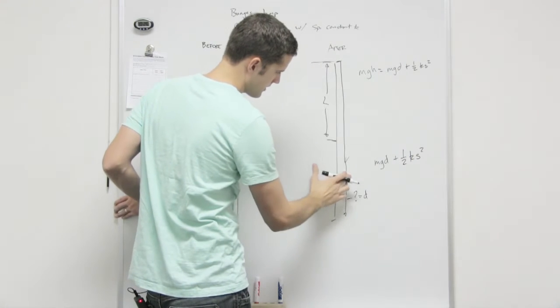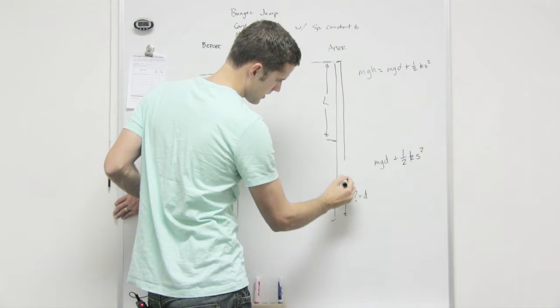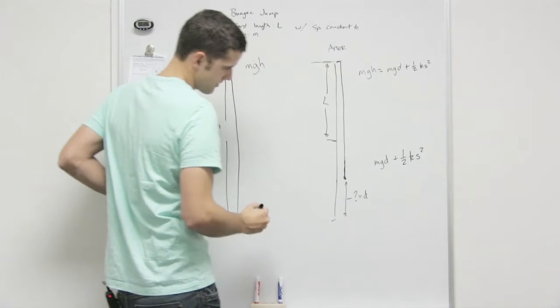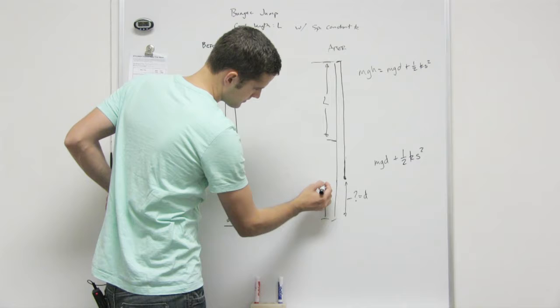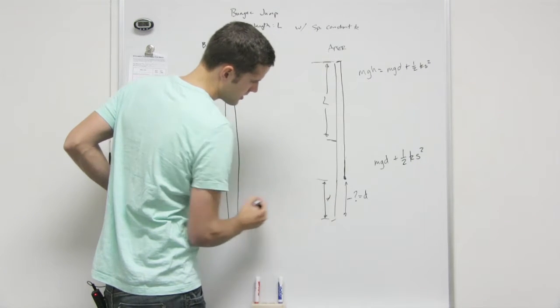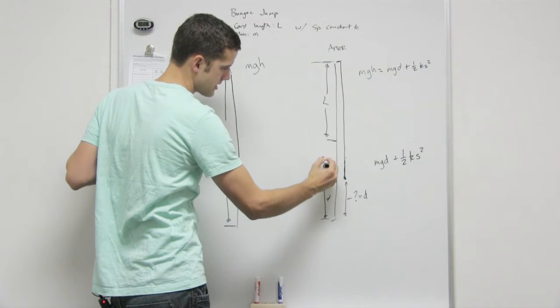And she's actually being treated as just a point, so we're not worried about her height. Then we have this distance d, right? Which is what we're looking for. So this right here is s.